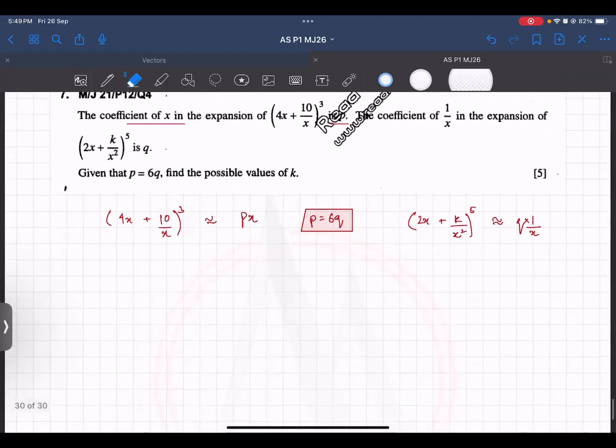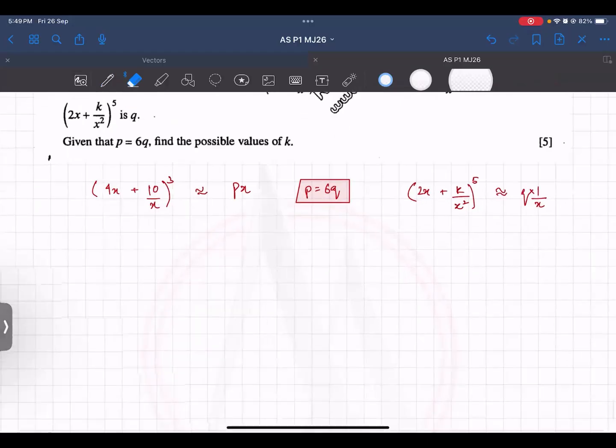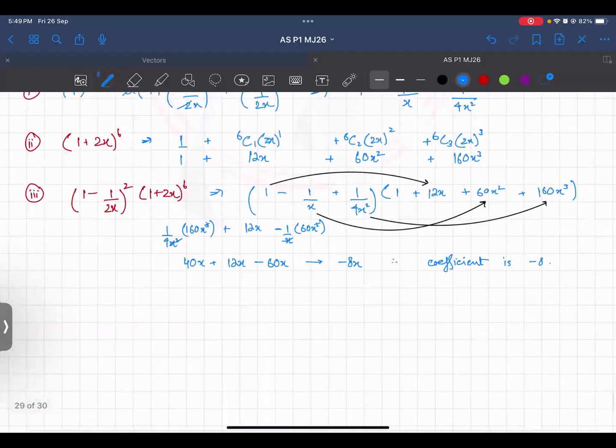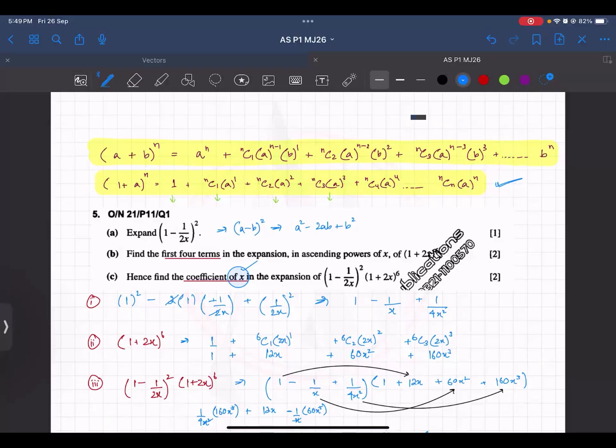So how do you do this? For this one, you can see the power is very small. It is only 3. So you can do this manually as well. If you use the second formula, (a plus b) power n, let me bring it over here.